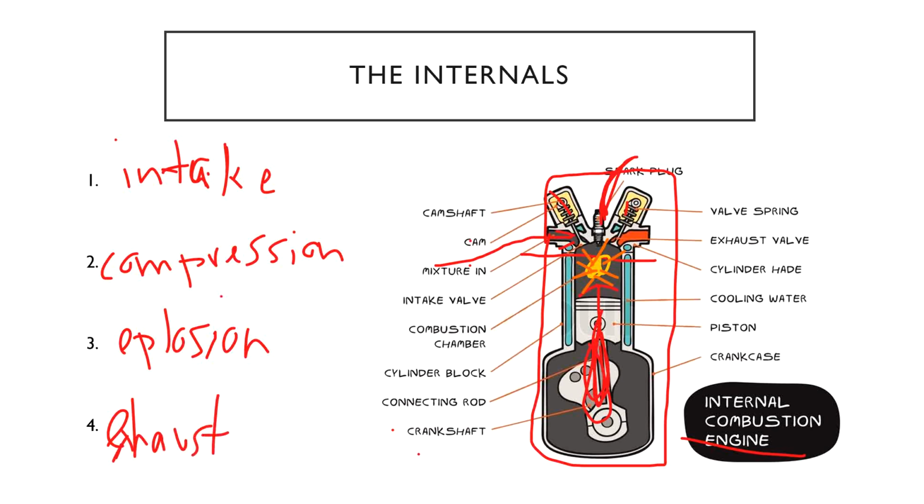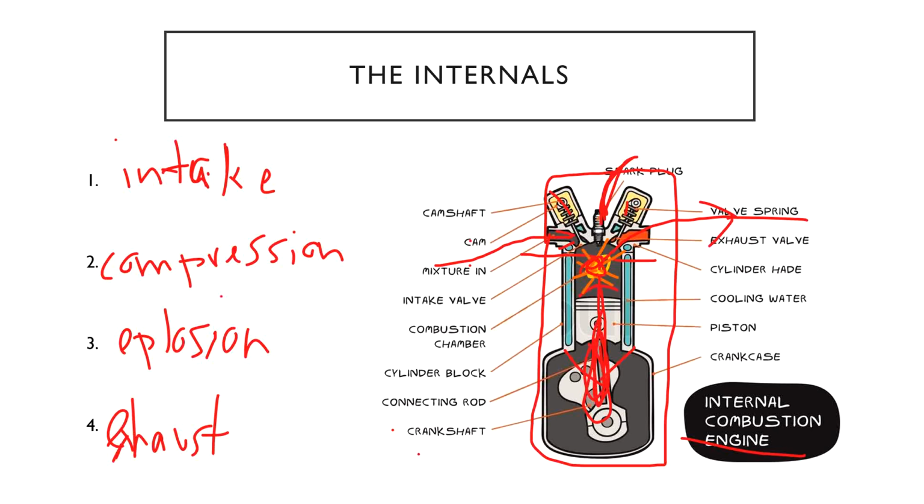So in this exhaust stroke, we have all of these gases that have just been created by an explosion within the block in here. And that's whenever the piston comes back down from the force of the explosion. And this valve spring up here opens up and lets the air and fumes out of the engine.